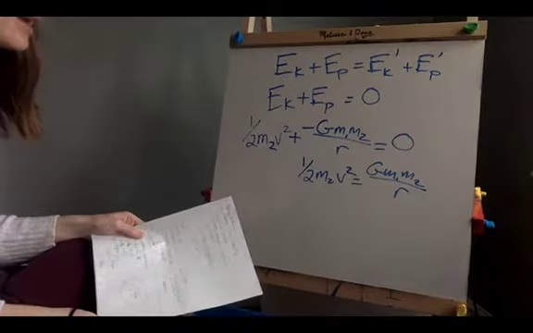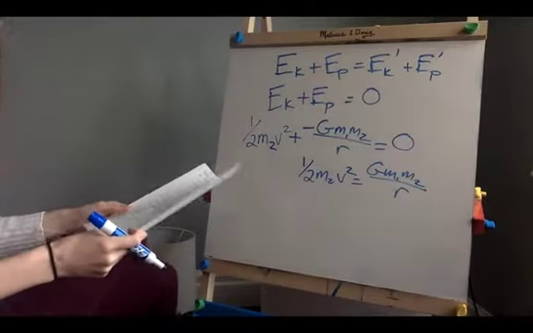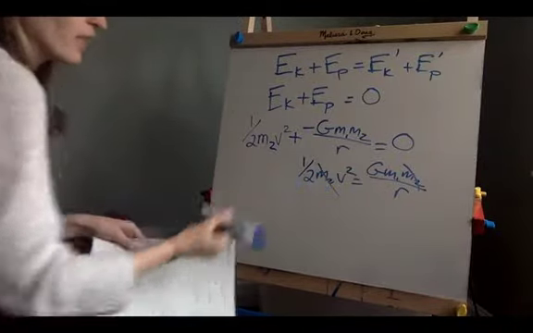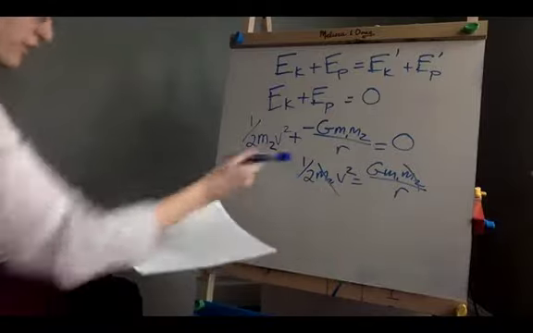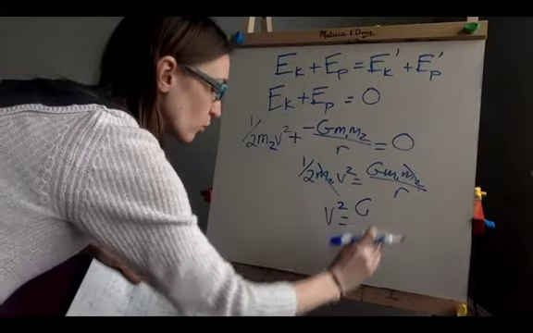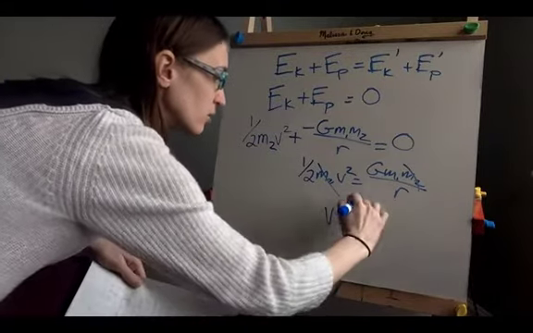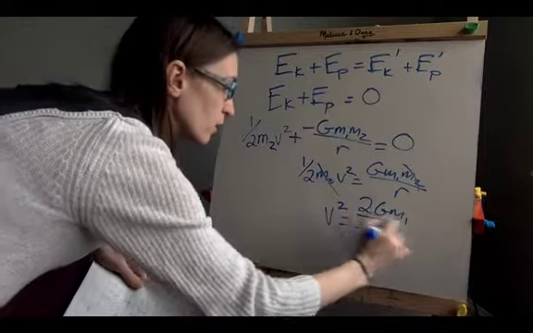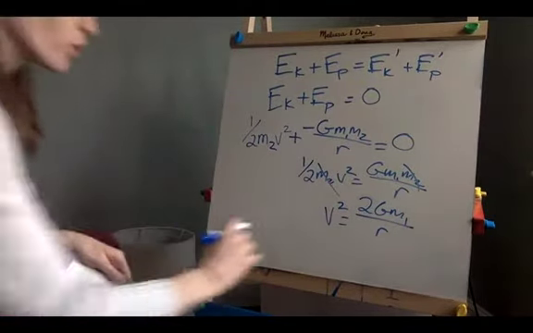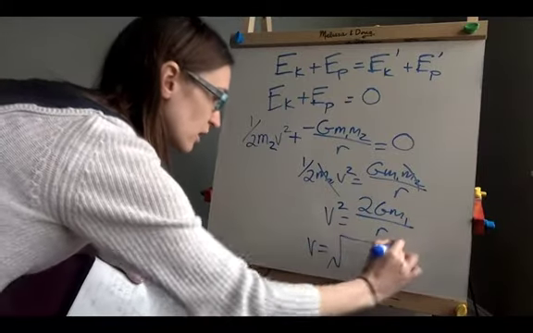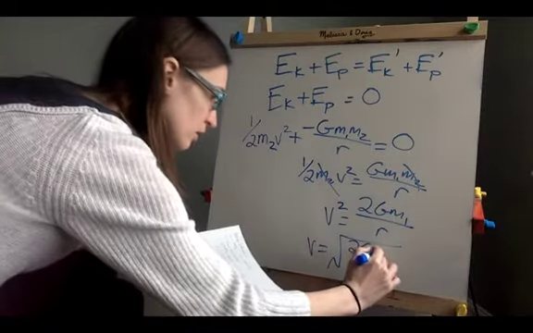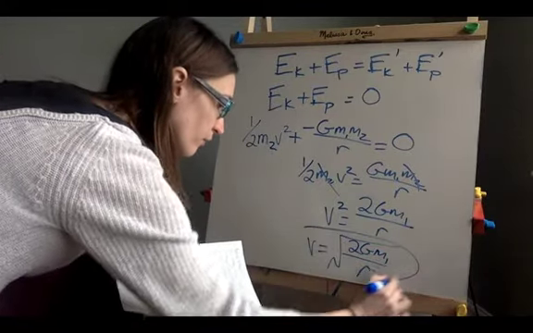All right, and then what we notice is that m2, the mass of the actual object, is going to cancel. We're trying to find that escape velocity, so we can start by dividing both sides by 1/2, which is the same as multiplying by 2, so we get 2Gm1 all over r, and then if we actually want the escape velocity, we just need to square root that. So our escape velocity is the square root of 2 times G times m1 over r.